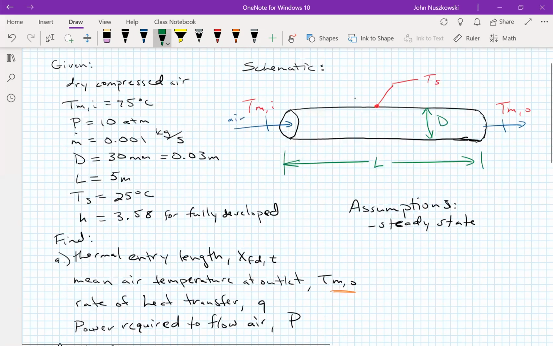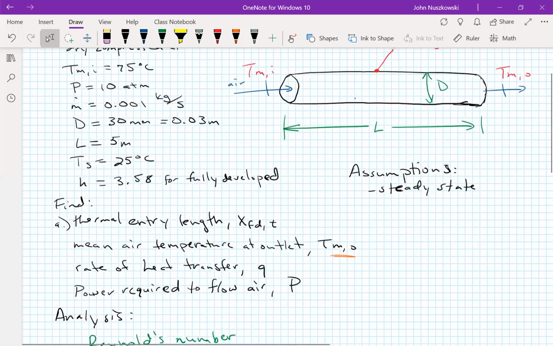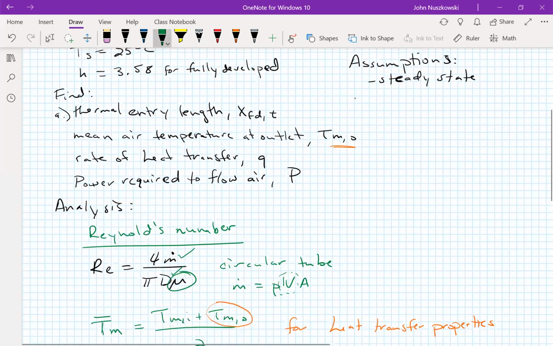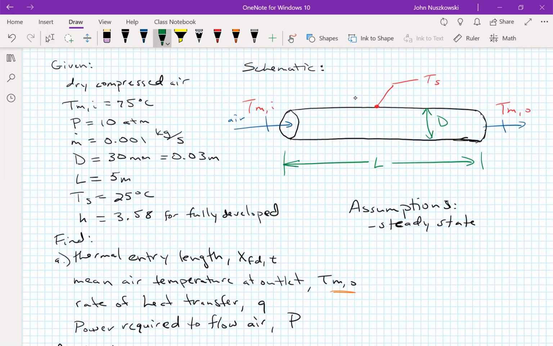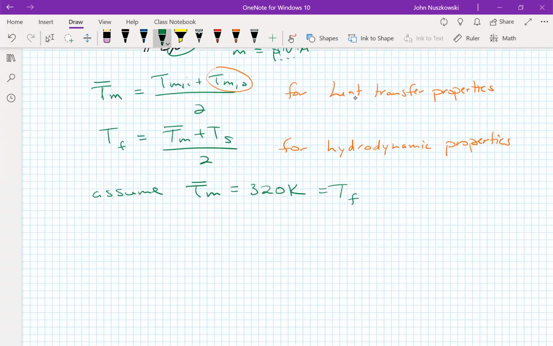A good place to start would be looking at those two temperatures, the inlet and the surface temperature. So I'm going to take a temperature of 320 Kelvin, really close to the average of the inlet temperature and the surface temperature. I'm also just going to say that the film temperature is the same.